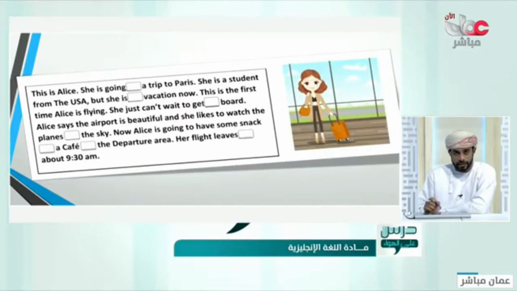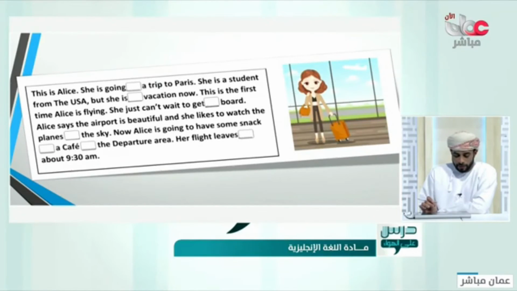This is Alice. She is going a trip to Paris. She is a student from the USA, but she is vacation now. This is the first time Alice is flying. She just can't wait to go board.